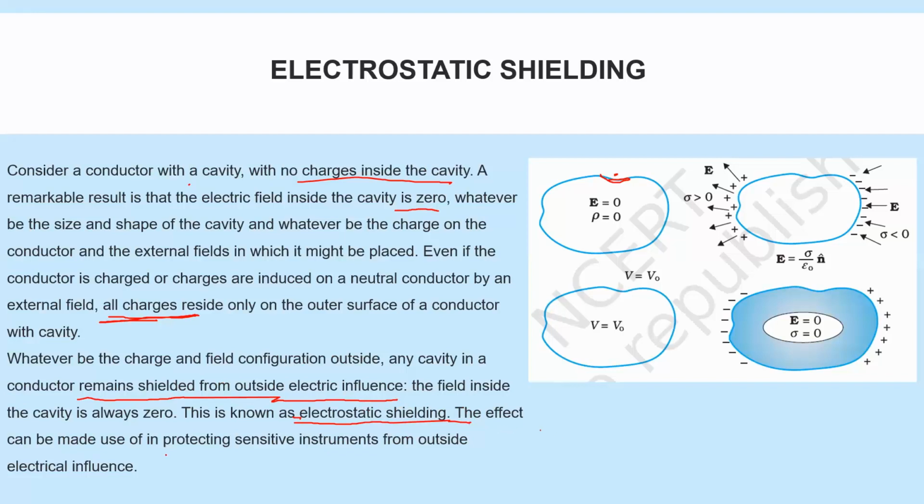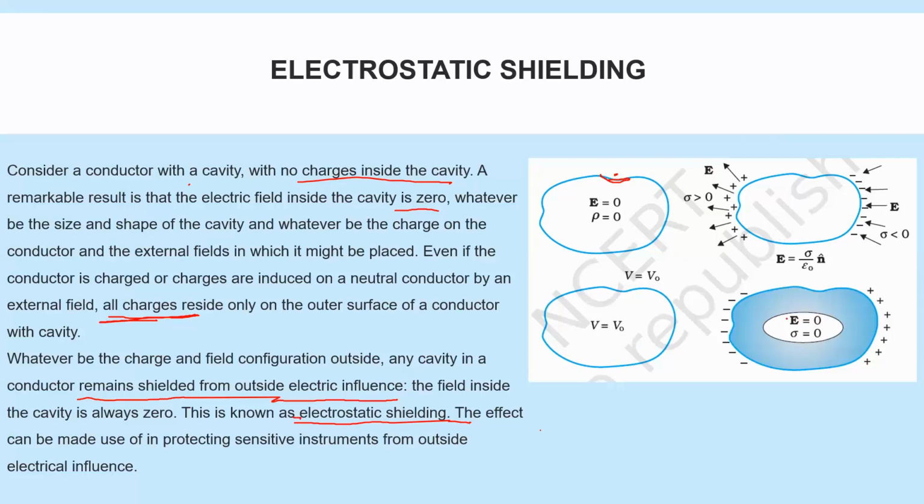This effect can be used for protecting sensitive instruments from outside electric influence. So this cavity can shield anything from the influence of the outside electric field. These are some configurations where you can see that the shape or charge is not affecting it.